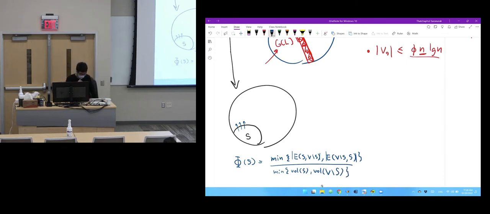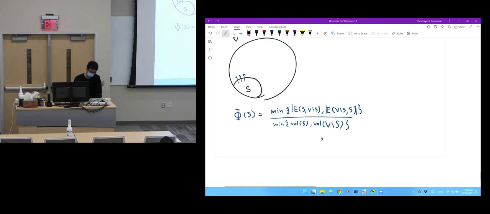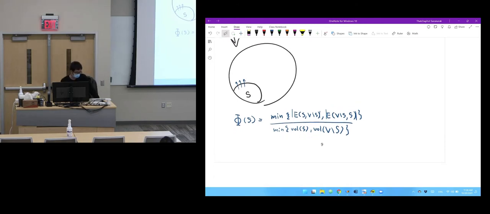Okay. New definition? Well, it's not new, but we didn't see it in class before. Because now there is asymmetry coming in, right? Because we can take the bigger side and then define the cut towards that or away from that as well.